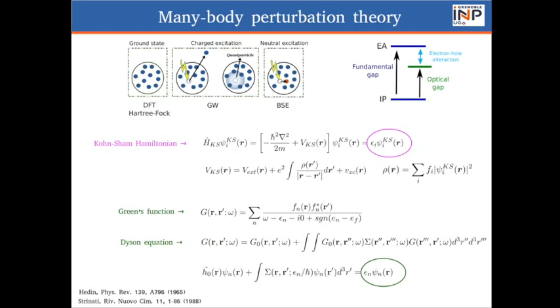So we work with many-body perturbation theory. I won't go much into the detail because I think that in this community it's rather standard. We start from Kohn-Sham, from the mean field theory, in order to get Kohn-Sham eigenvalues and eigenfunctions. And then we use the Green's function formalism.